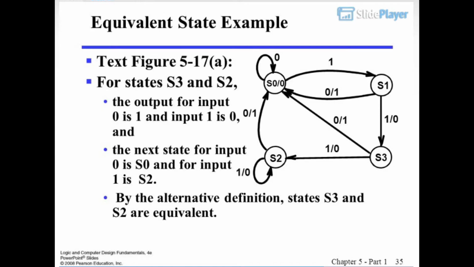Equivalent state example, text figure 5-17a. For states S3 and S2, the output for input 0 is 1 and input 1 is 0, and the next state for input 0 is S0 and for input 1 is S2. By the alternative definition, states S3 and S2 are equivalent.